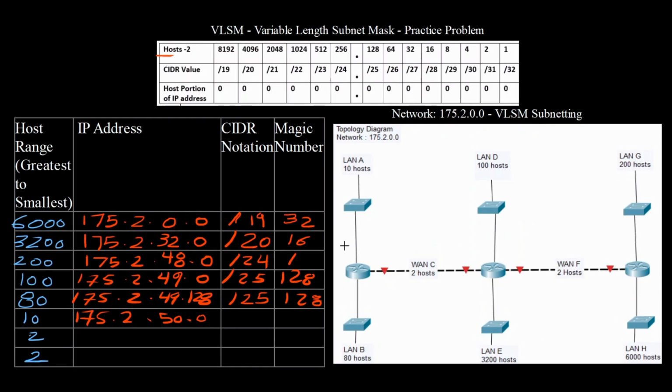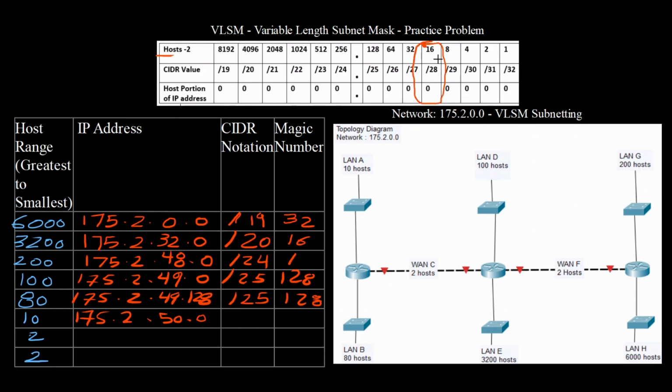And the CIDR notation, we're going to start again to determine 10. So we are looking for 10. This is host local area network A. We're looking for 10, so going to the chart and see where 10 is. So 10 is going to be 16. This is the nearest number here.